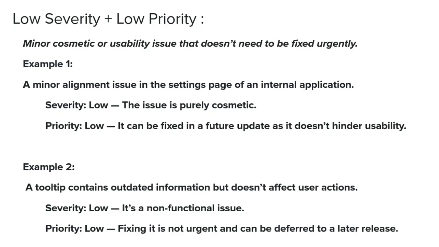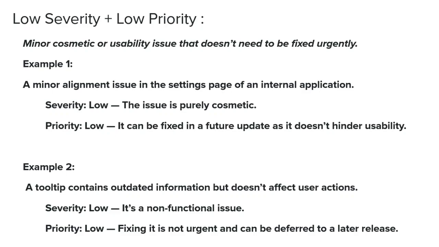And now low severity and low priority issues. A minor cosmetic or usability issue that doesn't need an immediate fix comes under low severity and low priority issues. Some examples are a minor misalignment in the UI.